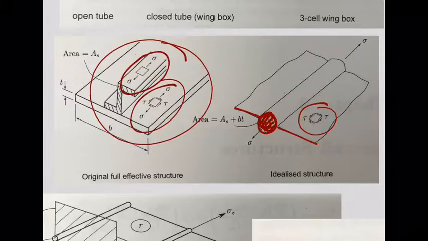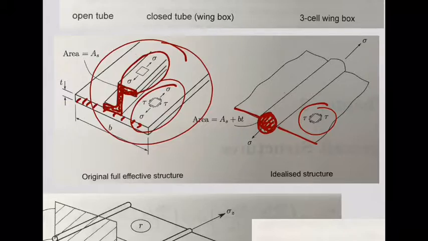While in the real structure, it can be much more complex. You can have this stiffener with a Z shape geometry. You can have the skin with different thicknesses. So this can become very complex in a wing, in an aircraft, right?